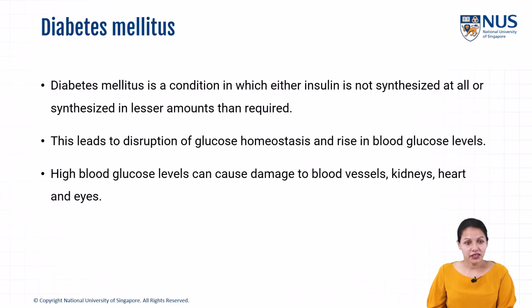So in diabetes, what happens is there's constantly high glucose levels in the blood, and the danger is the blood glucose levels can damage organs such as the blood vessels, kidney, heart and eyes. So this is an example how disruption of glucose homeostasis leads to disease.